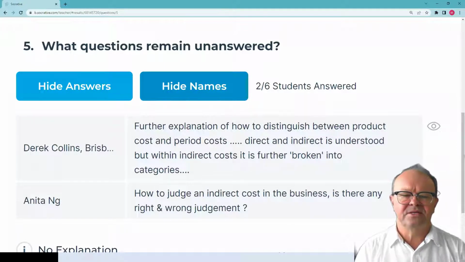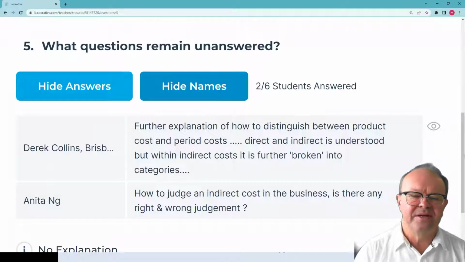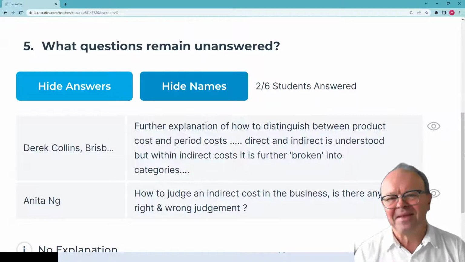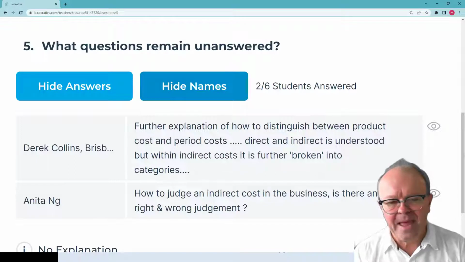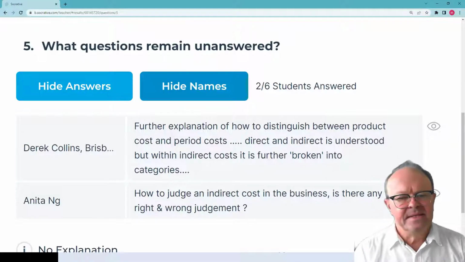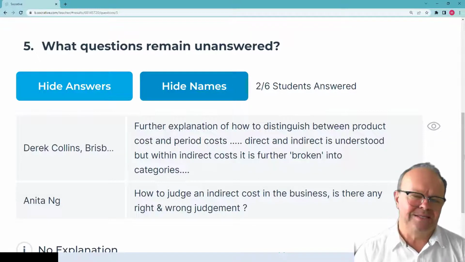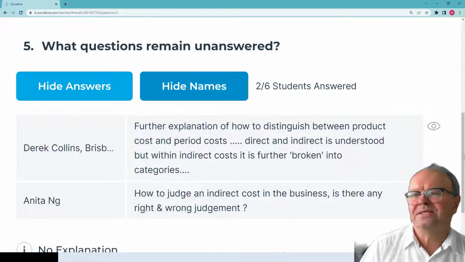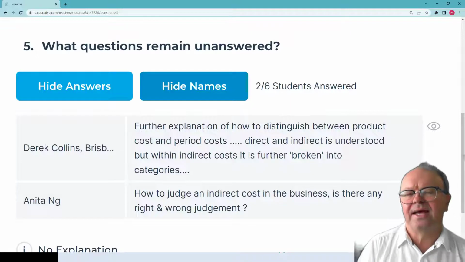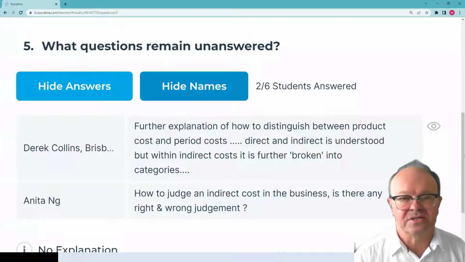Derek asks for further explanation of how to distinguish between product costs and period costs. Direct and indirect is understood, but within indirect costs, it is further broken into categories. Yet there's more to come. More to come. It will be, how do we distinguish between product costs and period costs? Well, the key distinction is if we decide to allocate a cost to a product, it's a product cost.